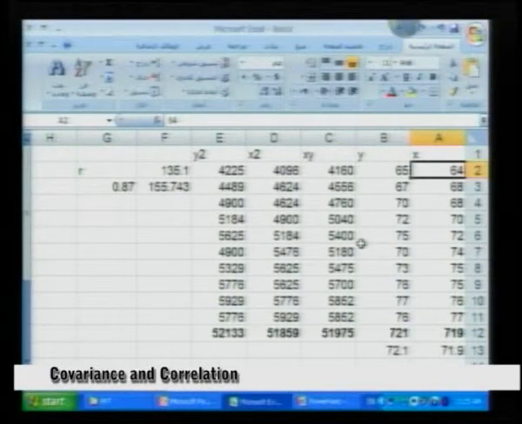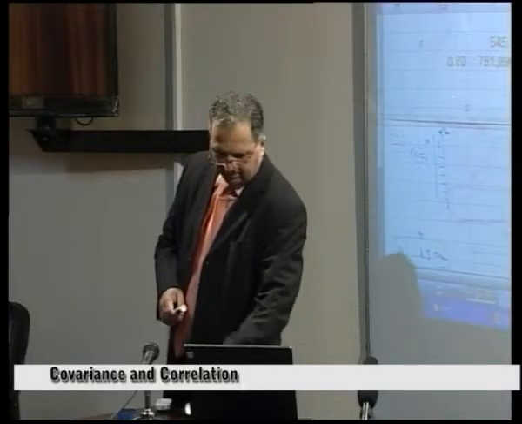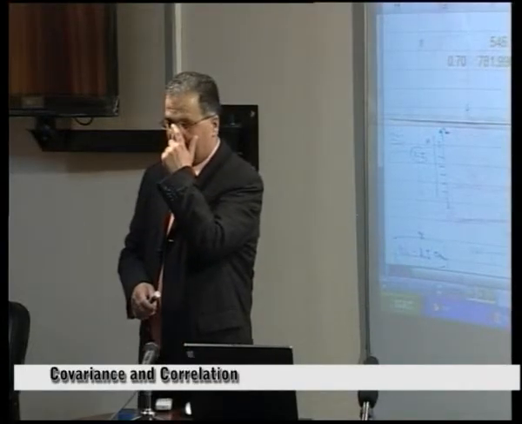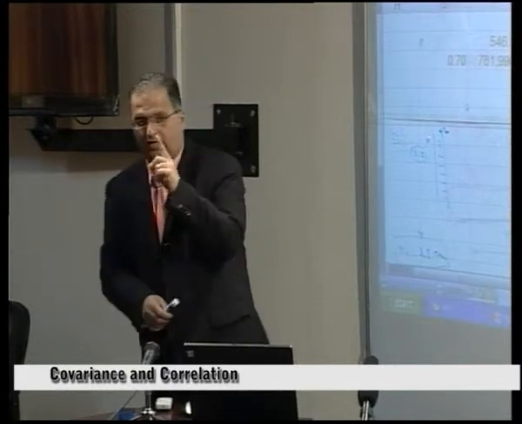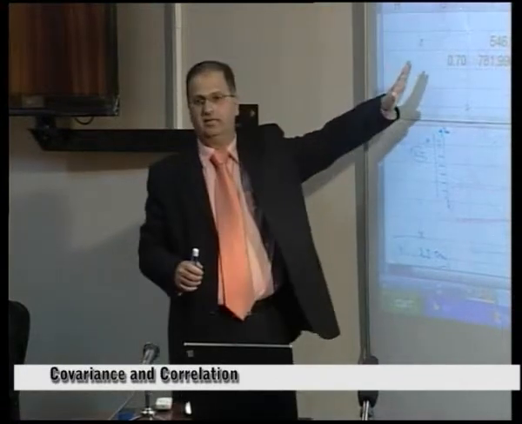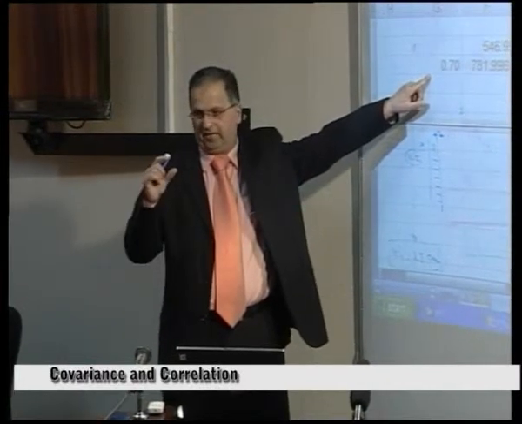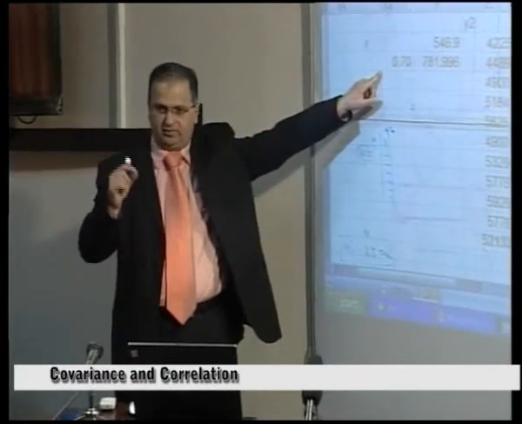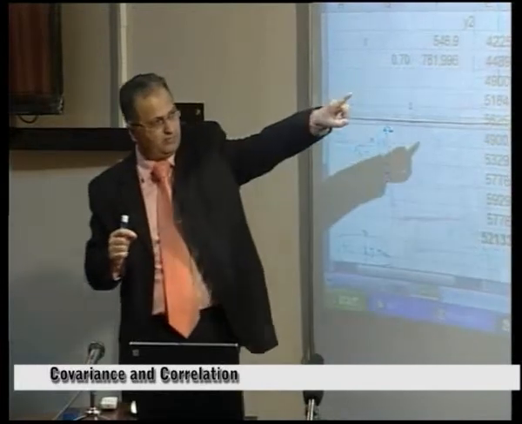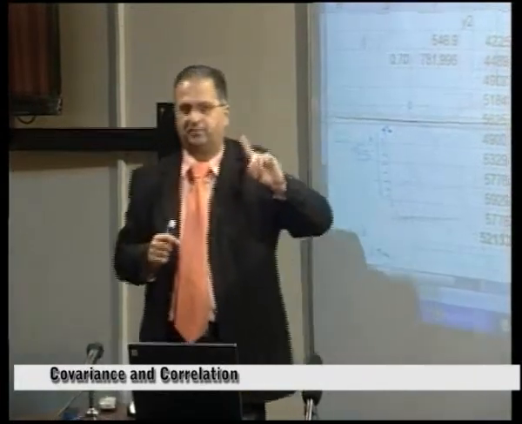For example, if just by typo you enter 6, so it was 0.87, it becomes 0.7. So there is a big difference between 0.87 and 0.7, and we just changed one value.